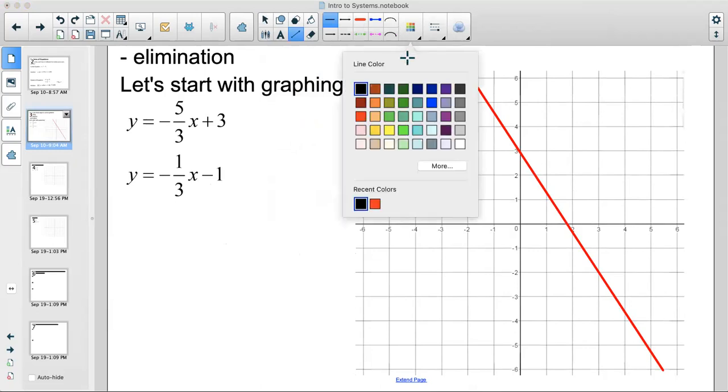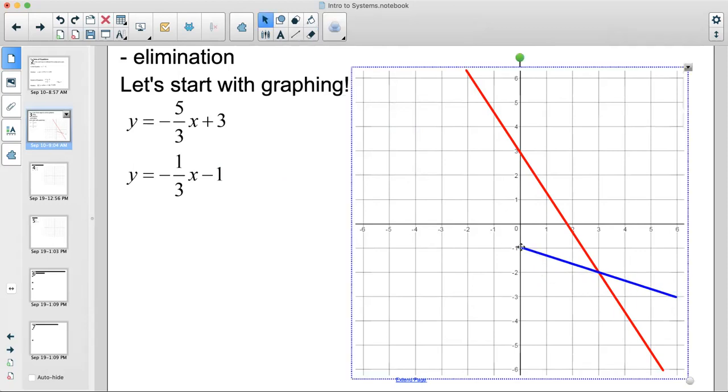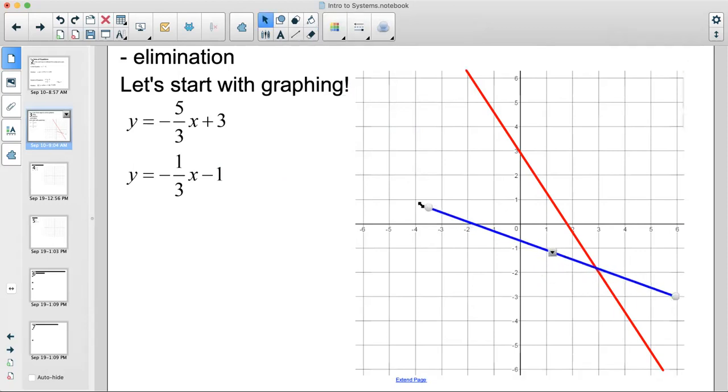So we draw another line, which we'll make blue just to make it pretty. It starts at -1, that's the y-intercept, and it goes down 1 and over 3. So it goes through this point here, that point there. Down 1 and over 3. It should look something like this.